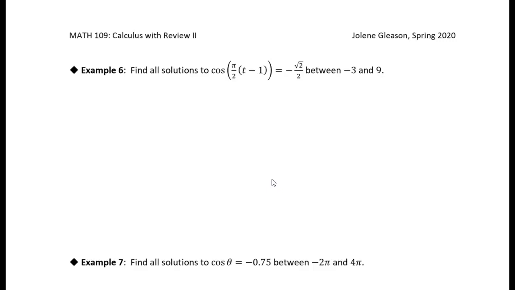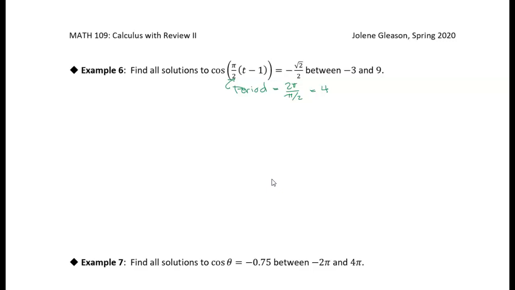Well, let's analyze this equation first. This is our b value, right? So that means that the period of this function is 2 pi over b, and b is pi over 2. So our period is 4.